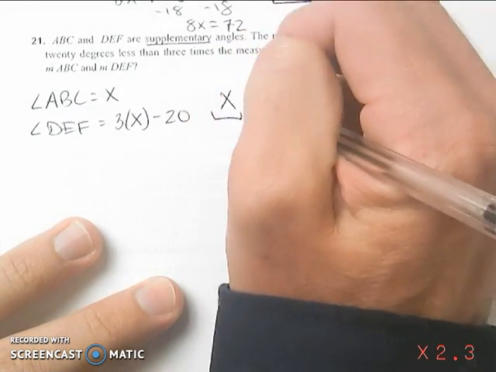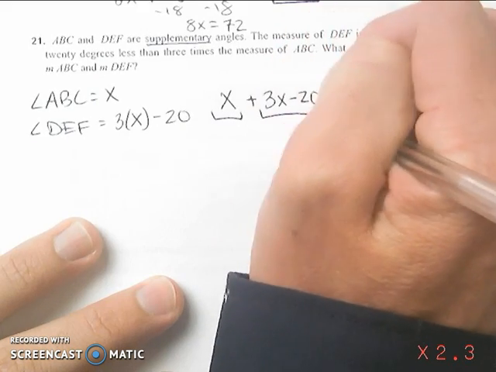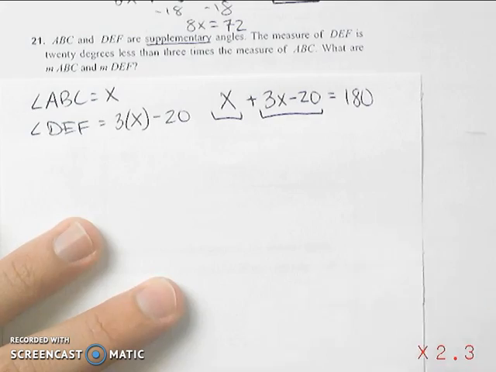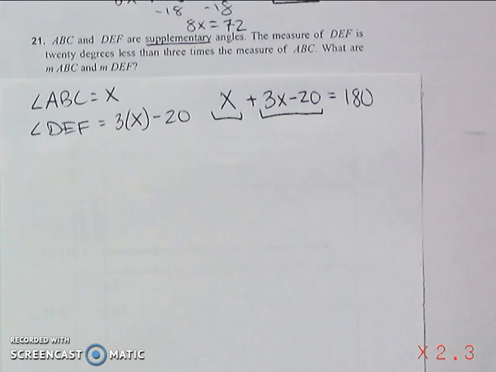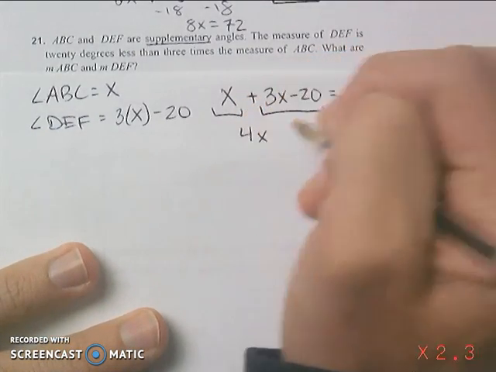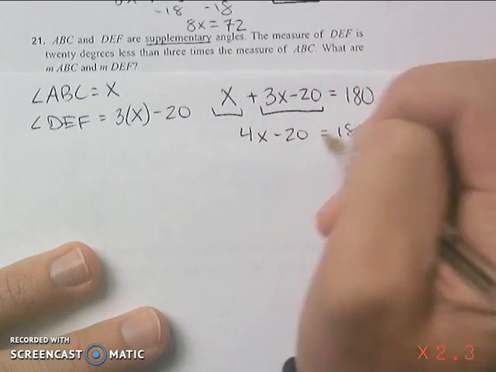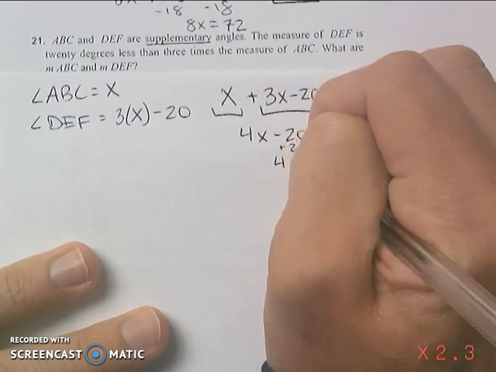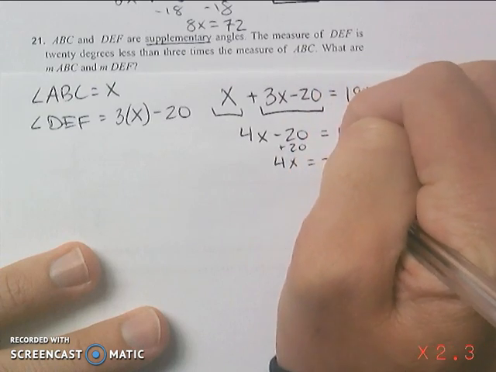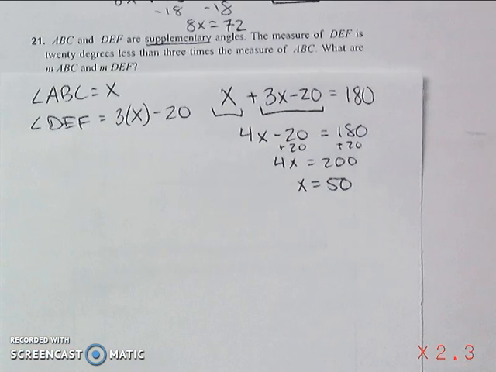The first angle plus the second angle, and set everything equal to 180. Now we can solve this problem, and we're going to get 4x minus 20, and eventually get to x equals 50.